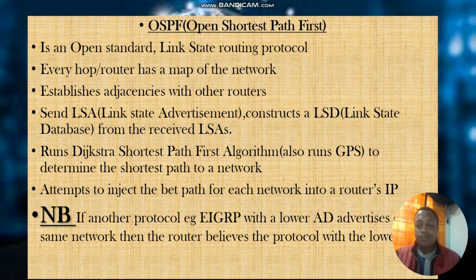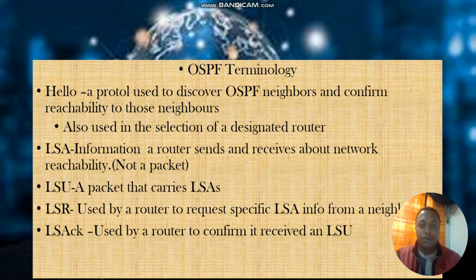Remember that we talked about administrative distance, and the administrative distance is the believability of a route. So if you use two protocols and one has an administrative distance which is higher or lower than the other, then the one with the lower administrative distance is going to be used to transport traffic in that specific network.